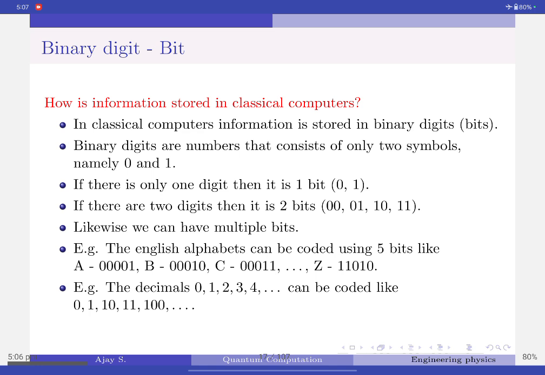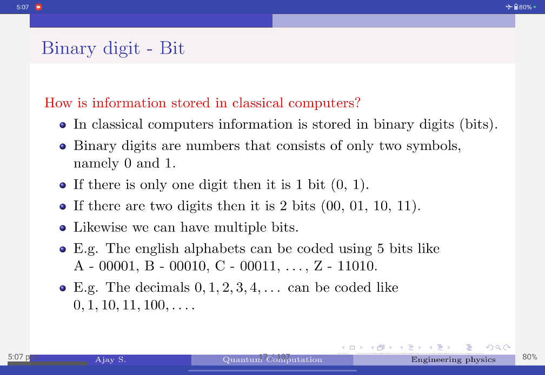For example, the English alphabets can be coded using 5 bits. A can be coded as 00001. B can be coded as 00010. C can be coded as 00011, and so on till Z, which can be coded as 11010.